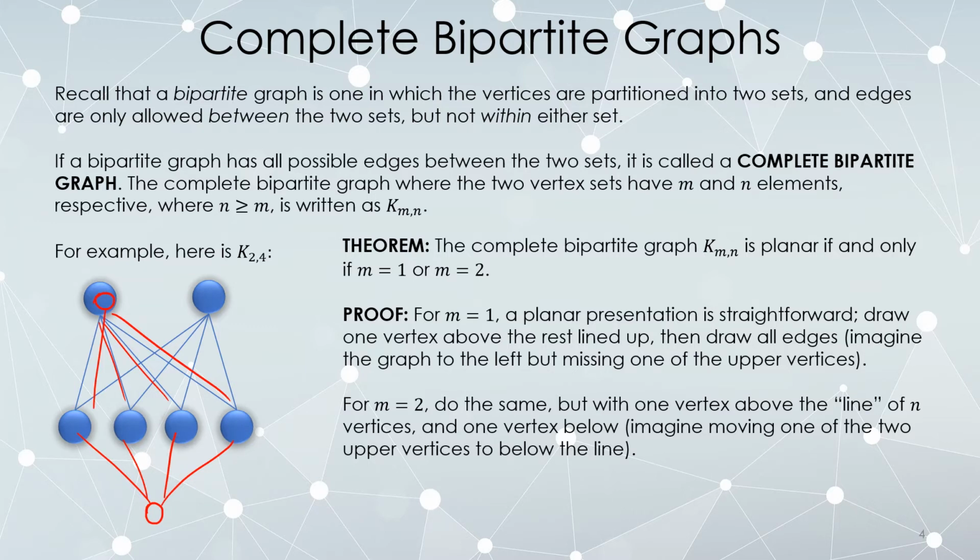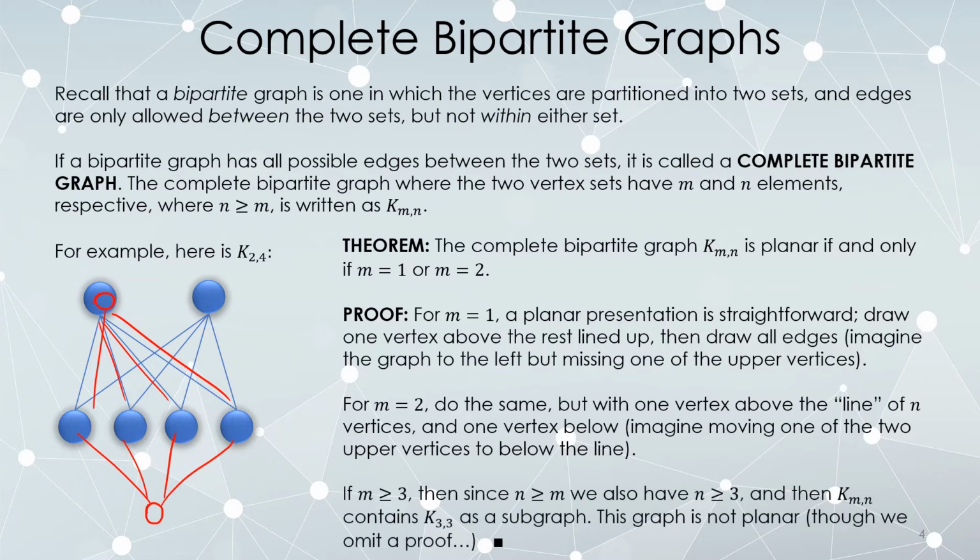So for m equals 2, I can draw it without any edges crossing, and therefore it is planar. Now, as soon as m is bigger than or equal to 3, I would have to have at least 3 vertices in each of the two collections, and I would have to have all possible lines between them. So I would have K sub 3,3 as a subgraph. And K sub 3,3 is not planar.